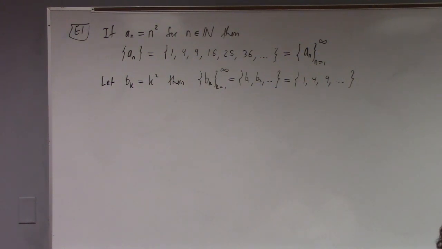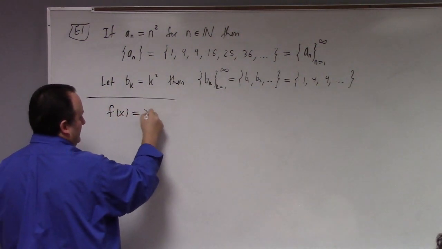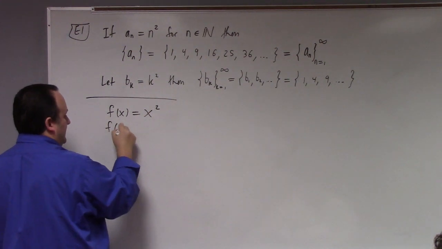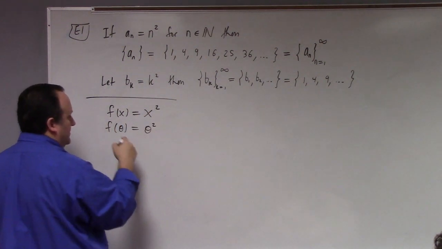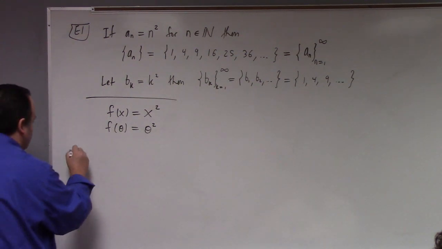It's all wrapped together with the formula. You could use a different letter to describe the same sequence, right? This is analogous to functions. I could tell you f of x equals x squared, or I could tell you that f of theta equals theta squared. If these two expressions have the same domain, they are the same function, even though I used a different letter to express them. That is still true for sequences, but now we can use a different index if you want. All right, so that's one thing.